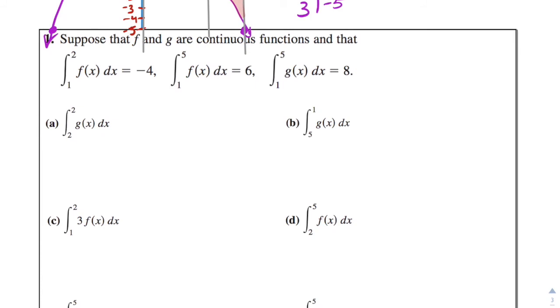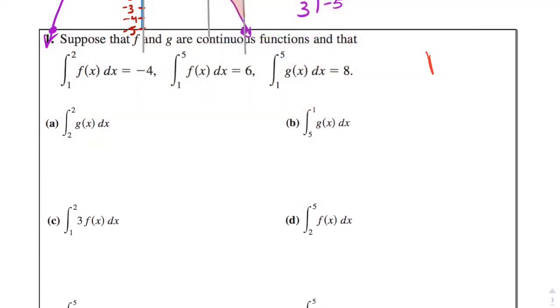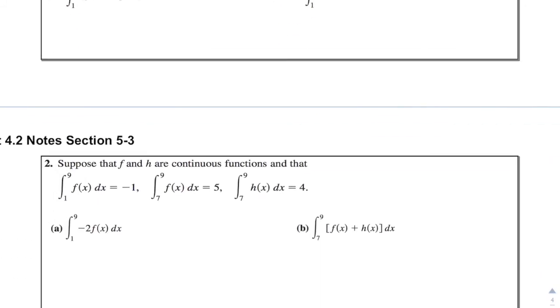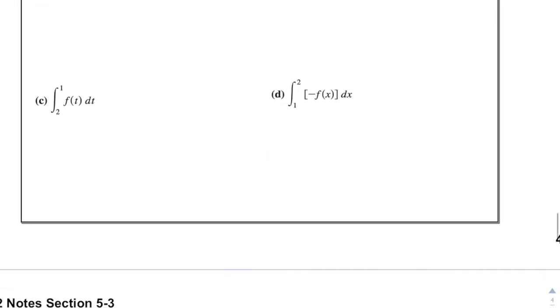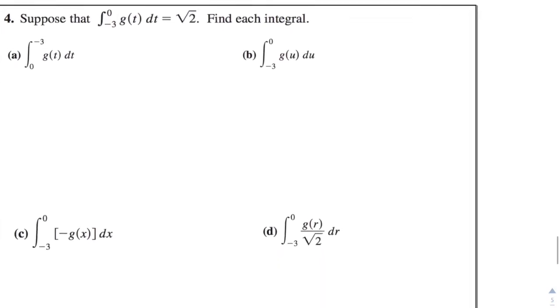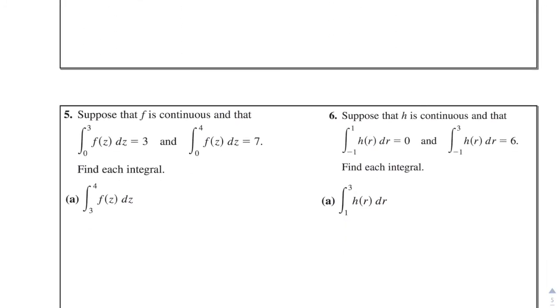The first thing I'm going to do is just label the ones. These first few slides are just like example number 1 in the notes. You can see it's a variety of different problems.